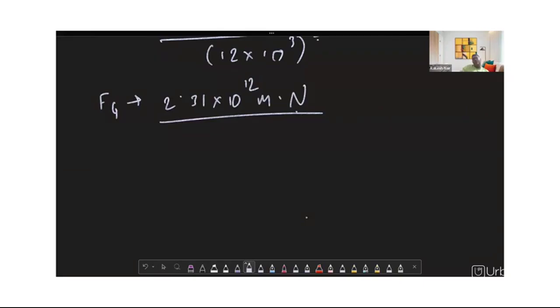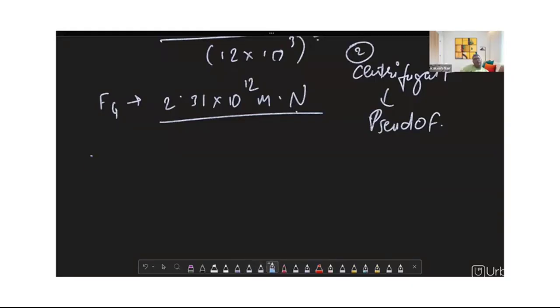Now we need to calculate the centrifugal force, which is also known as the pseudo force. Centrifugal force is the second step which we'll be calculating, and it is a pseudo force. It's applied only when you have an external force which is getting applied. To calculate it, we must know the angular speed, omega.